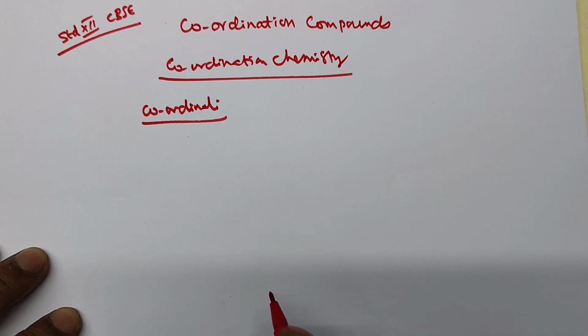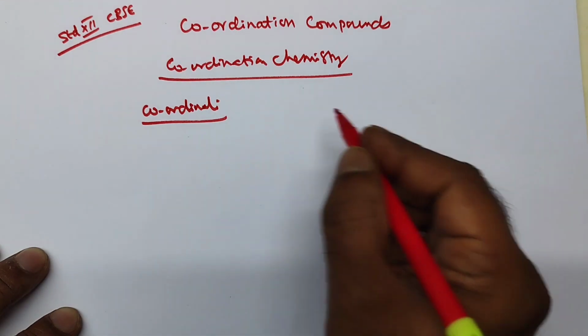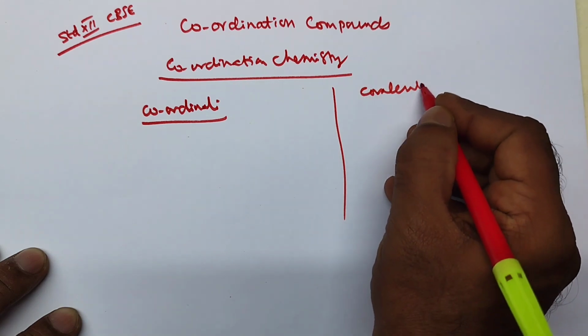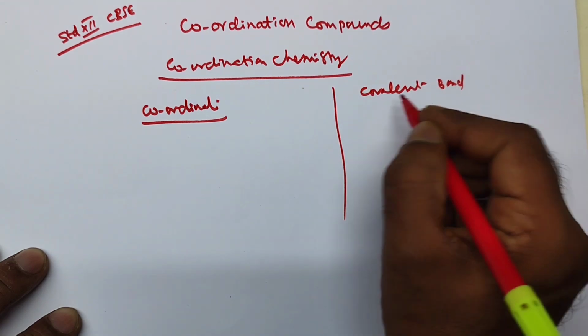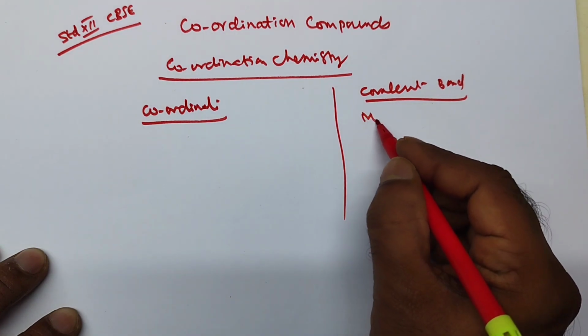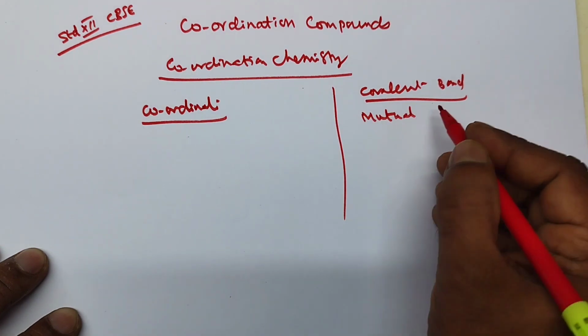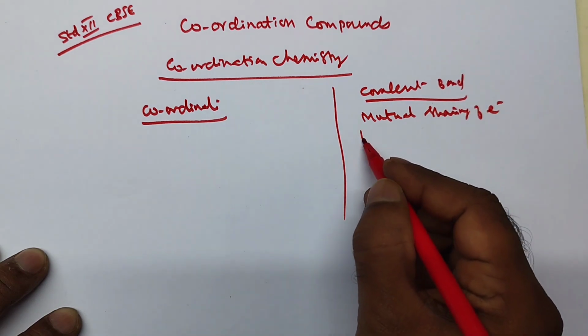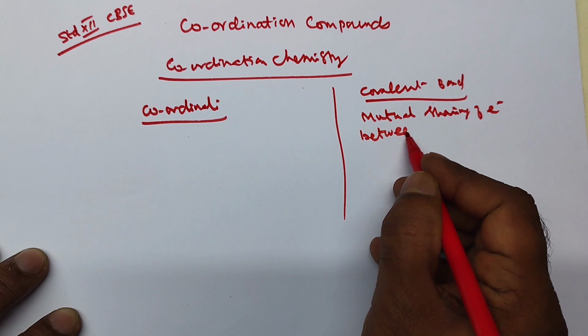First, we have to know what is meant by covalent bond. The covalent bond is nothing but mutual sharing of electrons between the combining atoms.